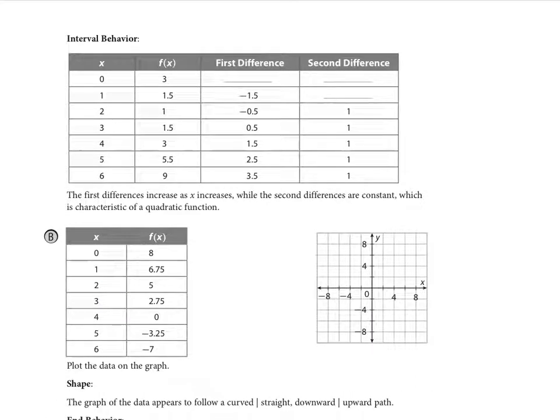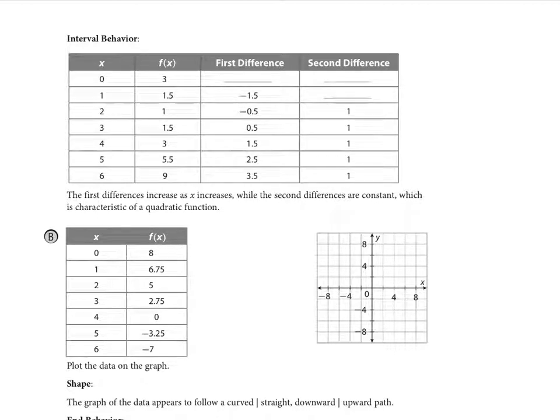All right, so let's look at some examples. Here I want to point out something to help you understand how you identify a quadratic regression in terms of values. You take the y values and you subtract them. So if you subtract 1.5 minus 3, you get negative 1.5. But then to see if it's a quadratic, you take the second difference.